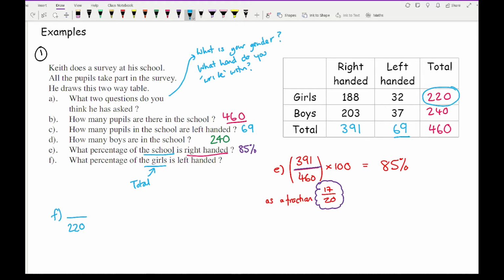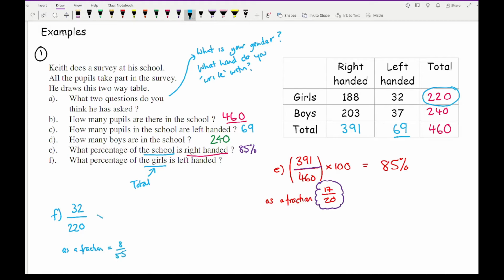And out of all the girls, how many are left-handed? Well, that's going to be 32. So if I wanted that as a fraction, I would do 32 over 220 and I'd simplify that, and that would give me as a fraction 8 over 55.